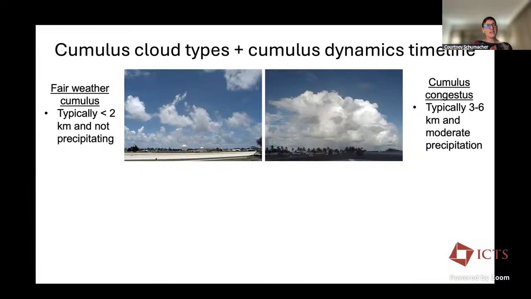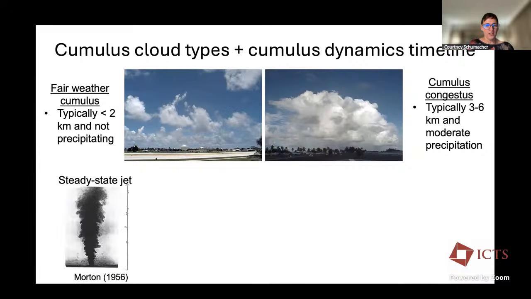So often when I look at clouds, I also want to think about why they're doing what they're doing. I thought maybe we can have a quick view of cumulus dynamics from a historical viewpoint, since you're going to be talking about how we get at these convective processes in theory and models.